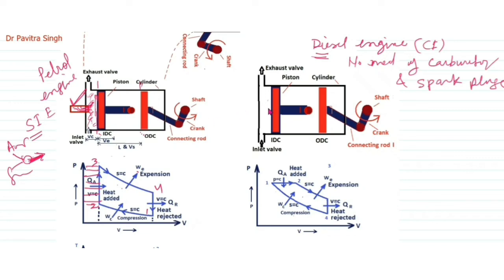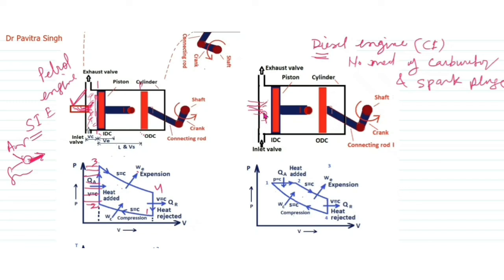But in the second case, in the CI engine, only air is sucked and this air is compressed up to the ignition temperature. It is compressed due to higher pressure, the temperature is increased up to the ignition temperature, then the fuel is injected.